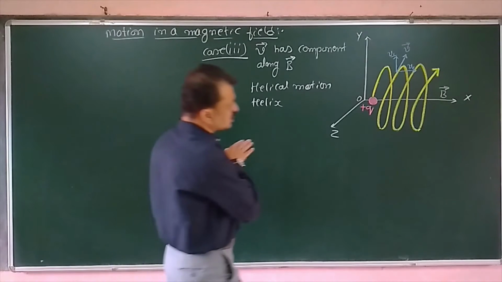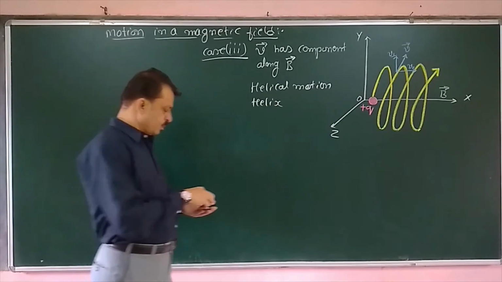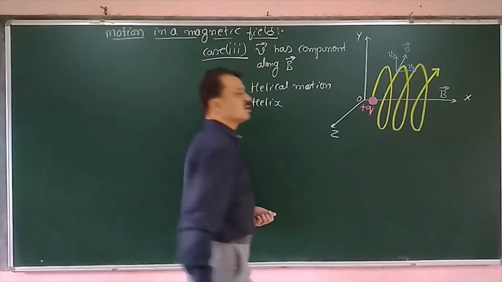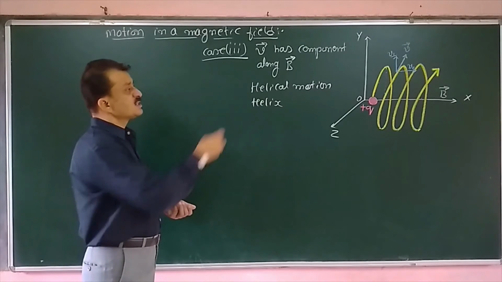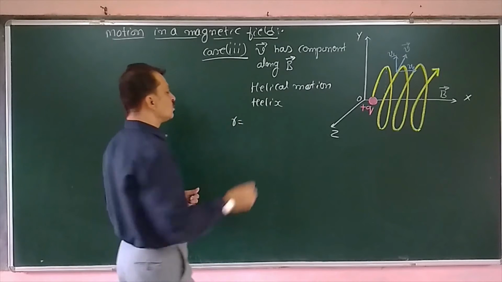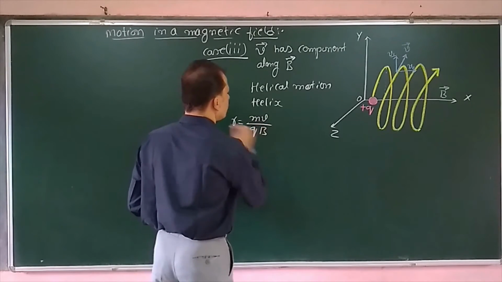Now it contains both the linear motion as well as the rotational motion. Because of this rotational motion, we will have a radius for this circular path. What is the radius? The expression for the radius that we have earlier derived: radius is equal to mv divided by qB.